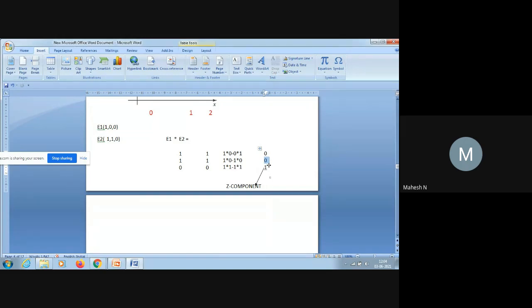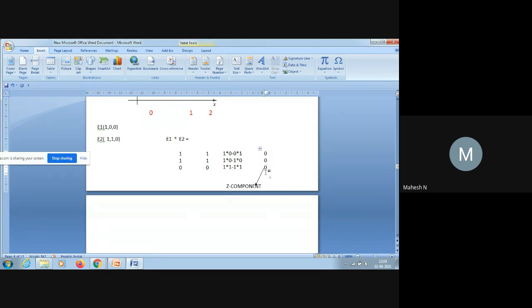Now come to the third column, the z component. I will eliminate the third row, and use the cross product of the first and second rows: 1 into 1 minus 1 into 1. 1 into 1 is 1, minus 1, so the value is not 1, it is equal to 0.